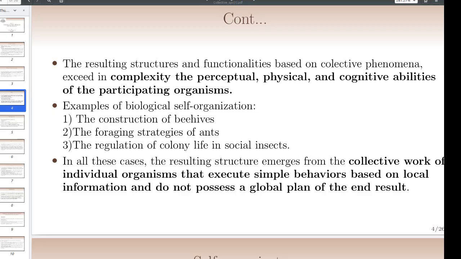In all these cases, the resulting structure emerged from collective behavior is the result of the collective work of individual organisms that execute simple behaviors based on local information, and they do not possess any global plan for the end result.